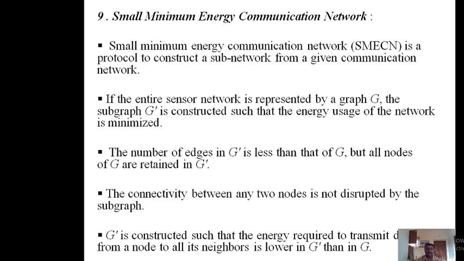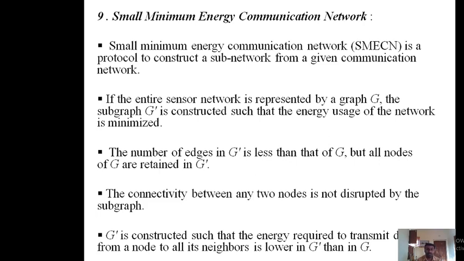That means the entire sensor network is represented as graph G. The subgraph, represented as G dash, is constructed such that the energy usage of the network is minimum compared with graph G. So whatever energy is used in graph G, G dash uses less energy.